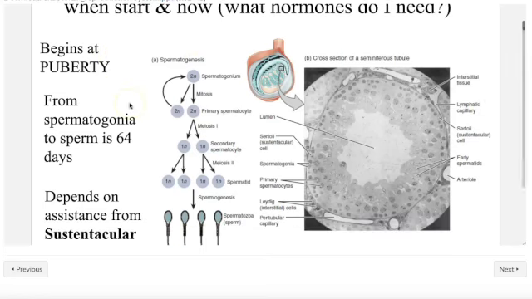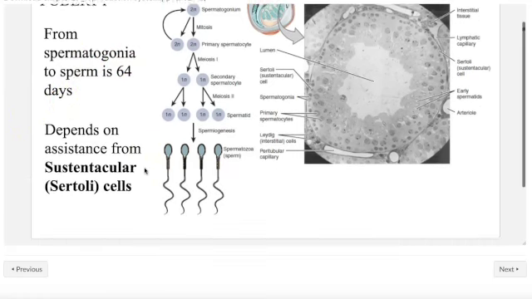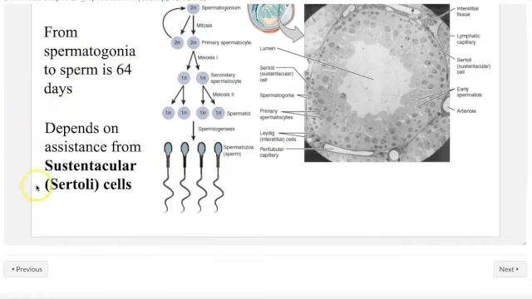It begins at puberty, and starting around 35 or so, it will start declining in sperm production. It usually takes about 64 days for a sperm to develop, and a new cycle starts every 16 days or so, again depending on the sustentacular cells or Sertoli cells. They're all the same thing.